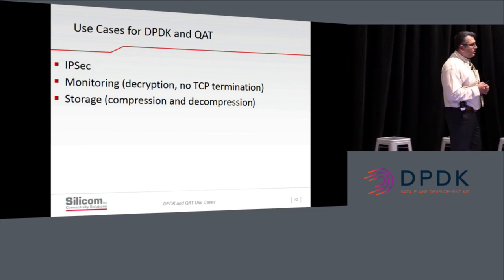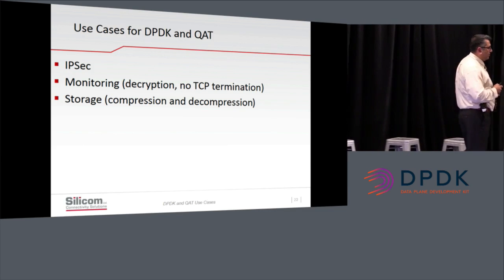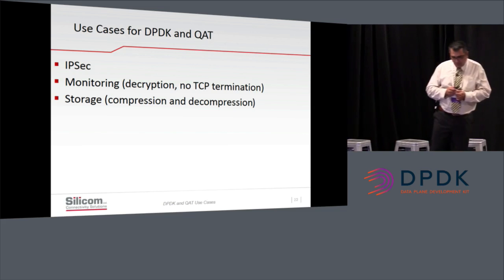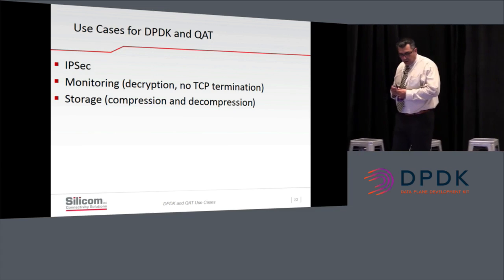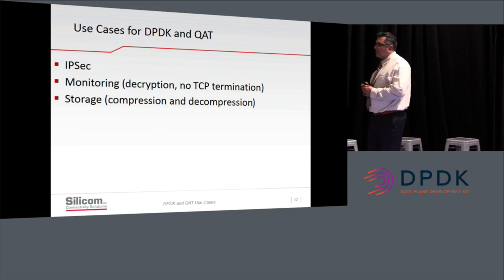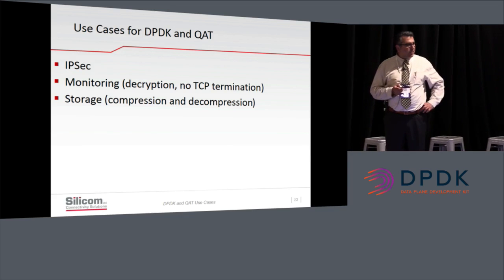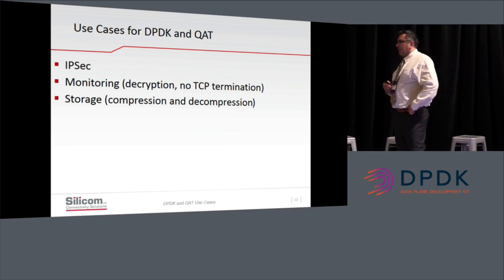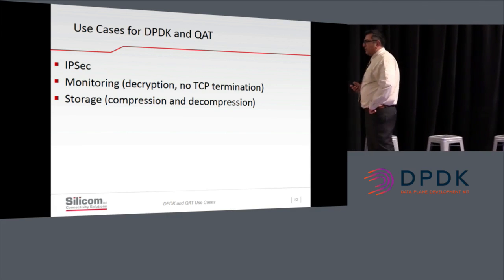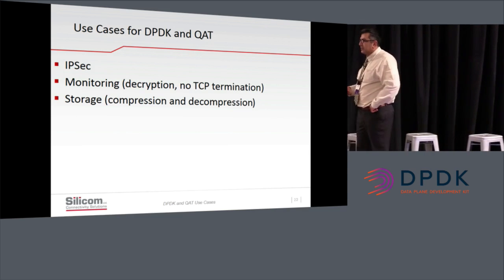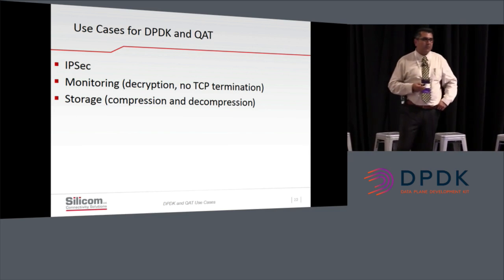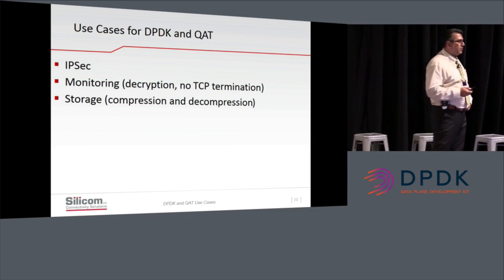Other places where we see DPDK as an important improvement factor are in the monitoring and in the storage areas. I mean, storage people, mainly software storage people, part of their secret sauce is compression, some type of compression.